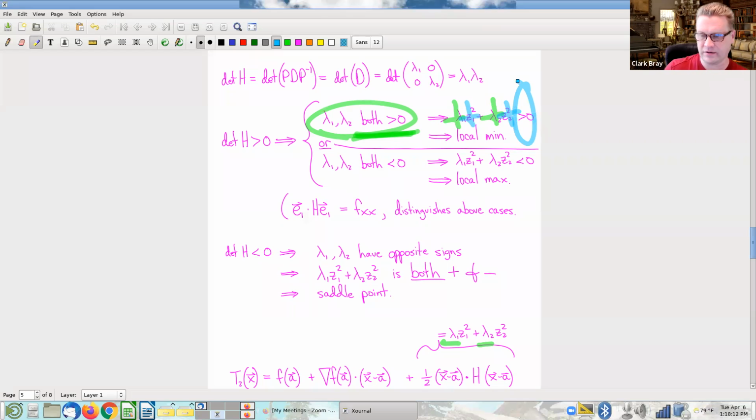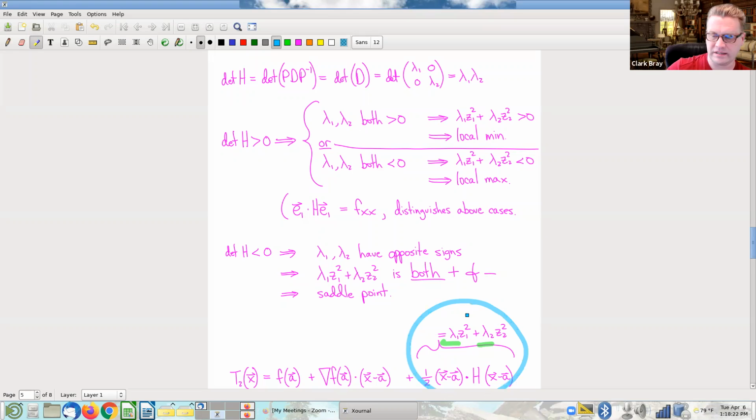Keep in mind that this expression is the second order behavior of my function. If the second order behavior is always positive, then I've got a local min. If all the second order terms are positive in every direction, no matter what you do it's always going up, then you've got a local min.